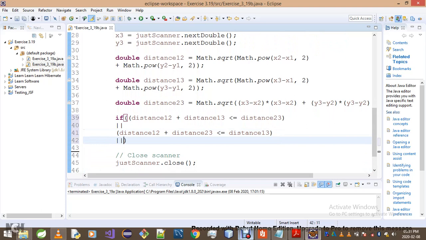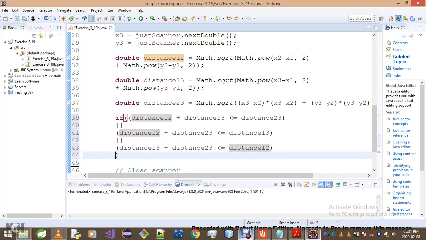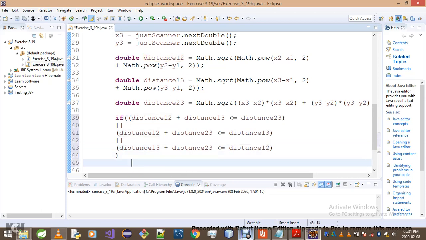We check if the distance between 1 and 3 plus the distance between 2 and 3 is less than or equal to the distance between 1 and 2. In that case, we simply know that our user gave us something invalid.